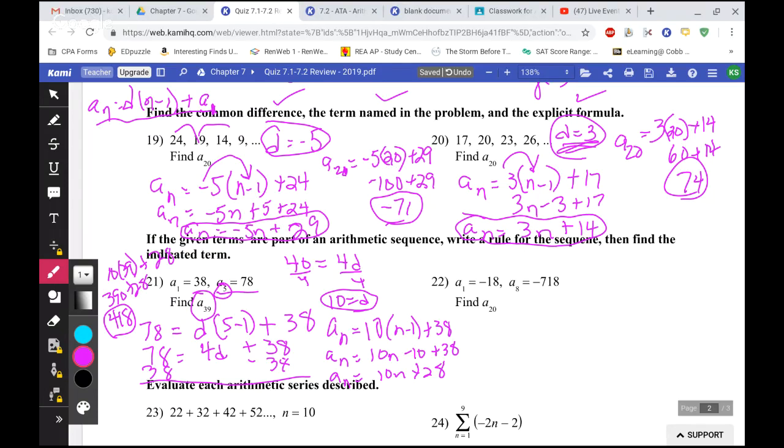Okay, so on number 22, following that same pattern of what we did, we have to find that common difference. Yeah, can we try this one and I'll race you? Absolutely. Do you want to tell me what to do and I write it down, or I'll just do it on my paper and then you can do it at the same time and I'll race you for it. All right. I feel like that's a challenge.